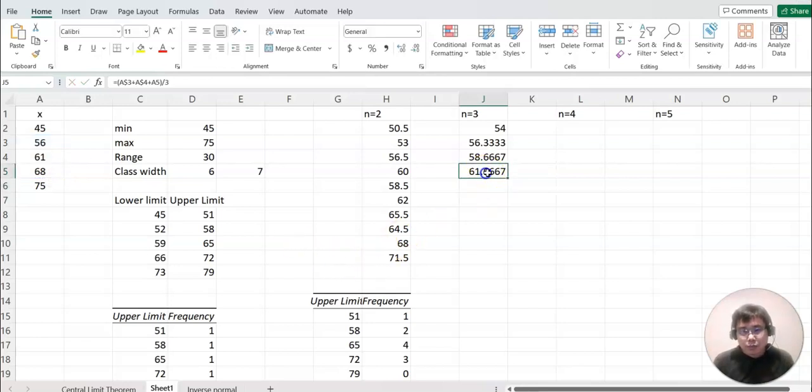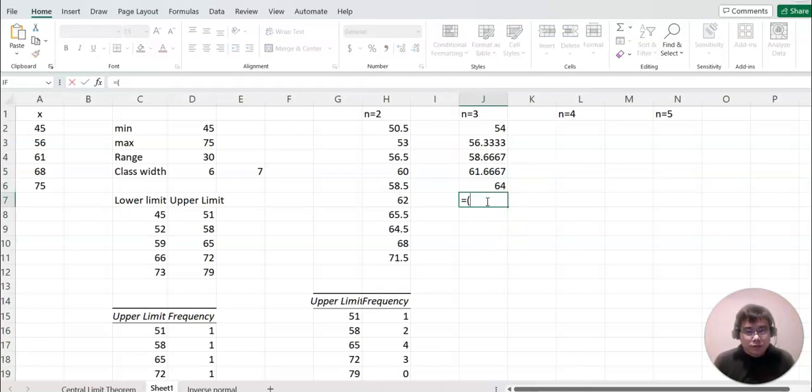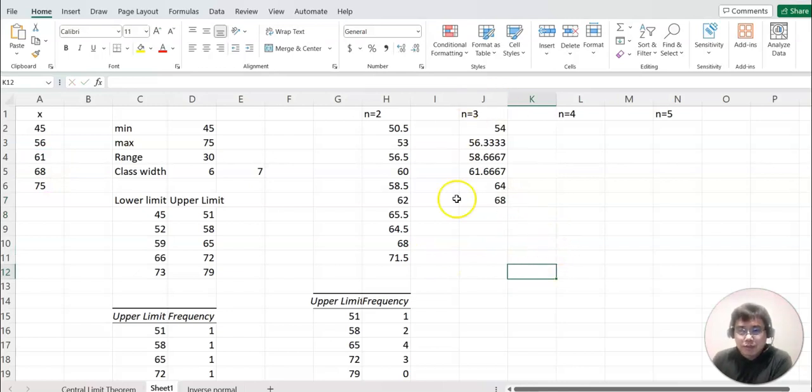Now I can do one more. Then the last one is this plus this plus this, and then divide by 3 here. So that's basically our sampling mean distribution data when n equals 3.